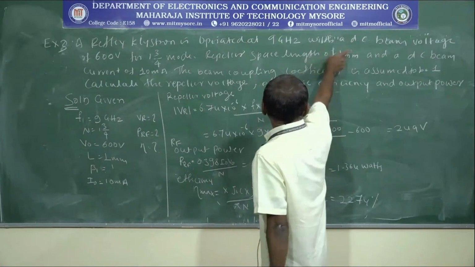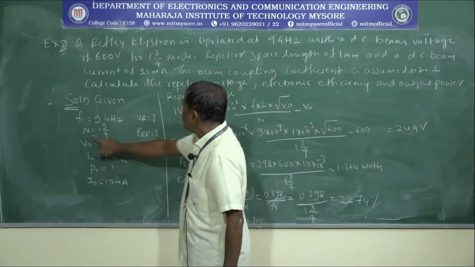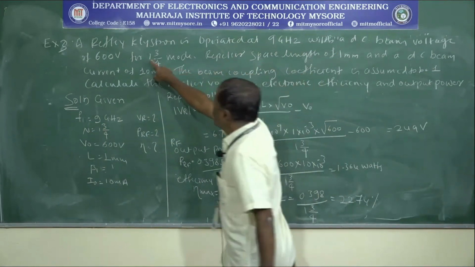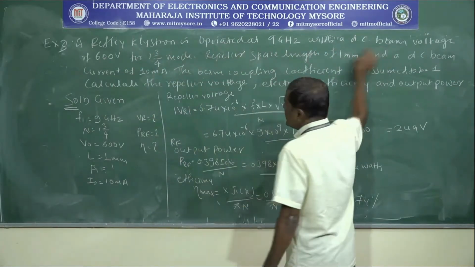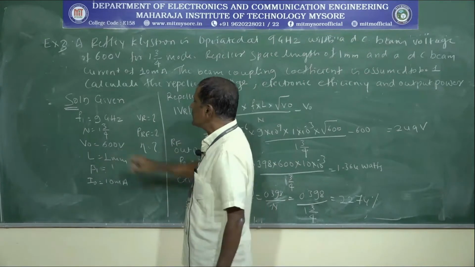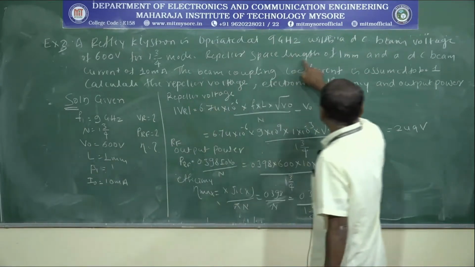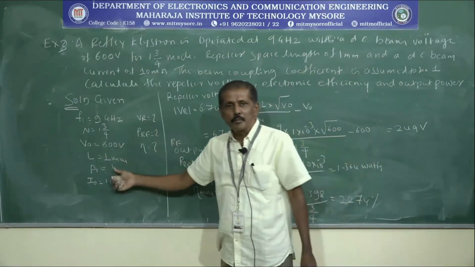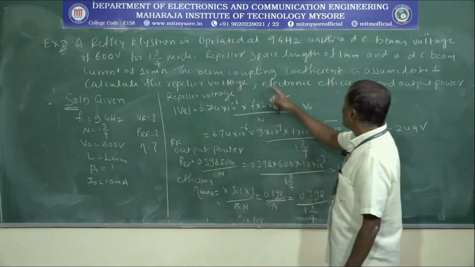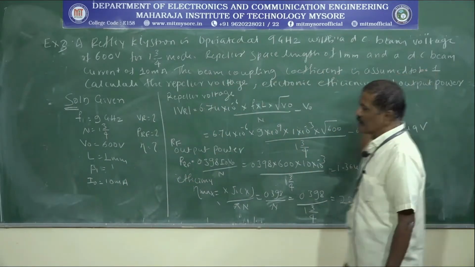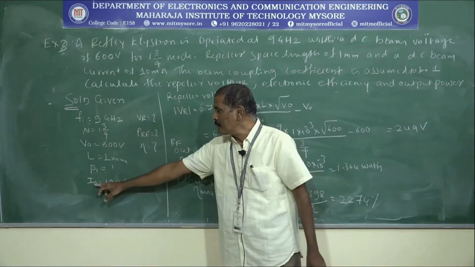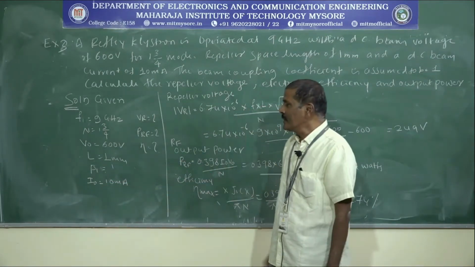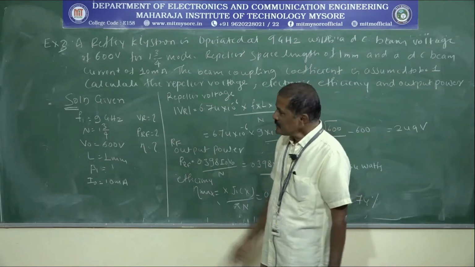The mode is given, that is 1 3/4 mode, and the DC beam voltage is 600 volts, the repeller space length is 1 mm, the beam coupling coefficient B1 is given as 1, and the beam current is given as 10 milliamperes.